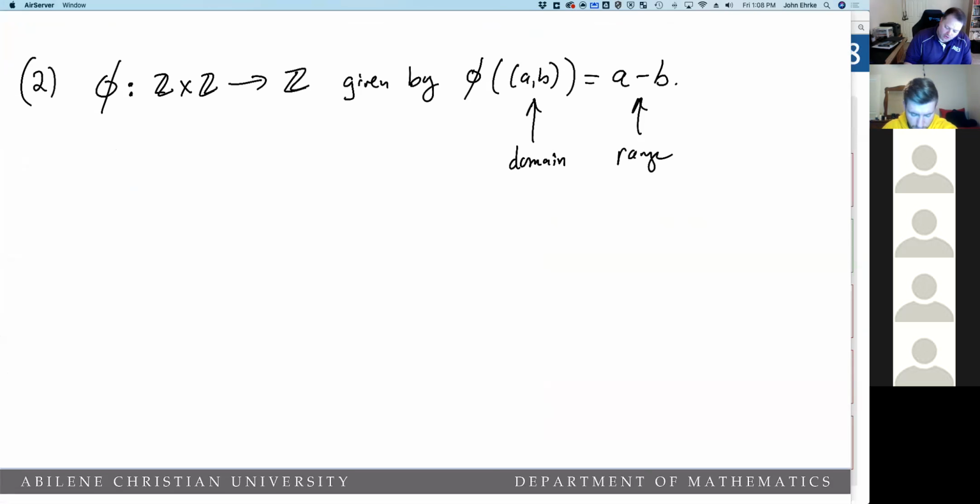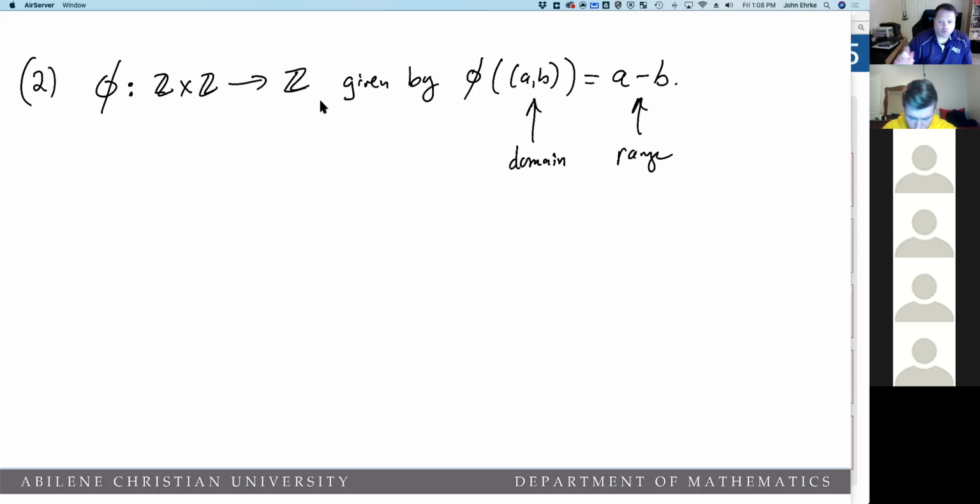Onto means all range elements are hit. So every possible integer is a difference there, which is true. You can create any difference you want: just let A be 0 and run through all the integers for B, and then let B be 0 and run through all the integers for A, and then you have every possible integer as a difference. So all the integers get hit.